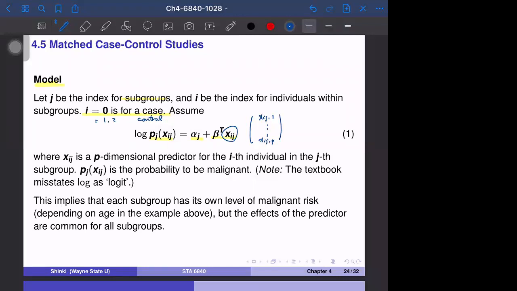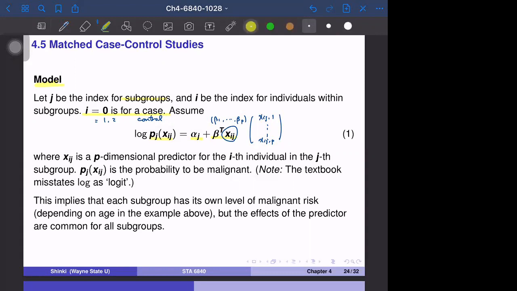We have the parameter vector beta, which is beta_1 to beta_p, and beta transpose is beta_1 to beta_p as a row vector. And alpha_j is just one constant that depends on j. So this is the model.